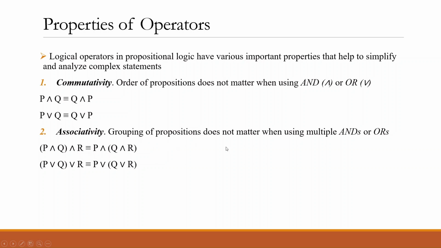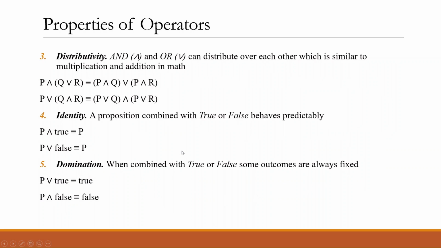Grouping of propositions does not matter when using multiple ANDs or ORs. Here we have P and Q and R, which is equivalent with P and (Q and R). And the same is valid for the OR operator.